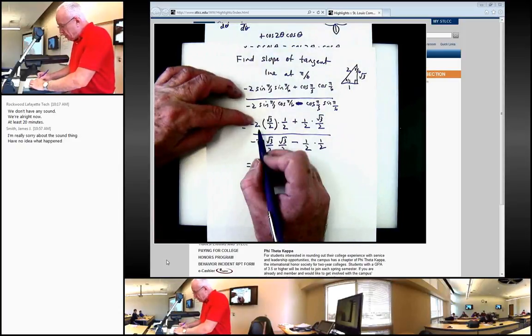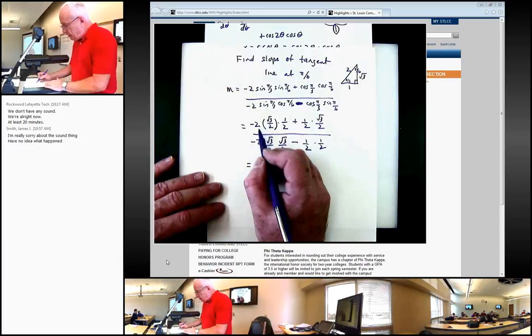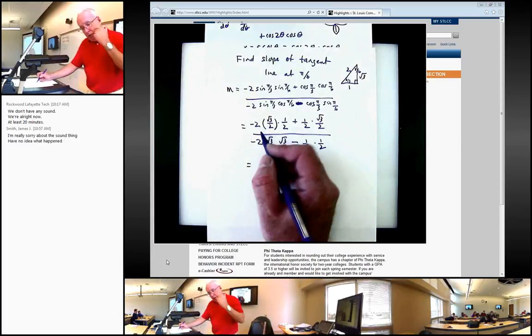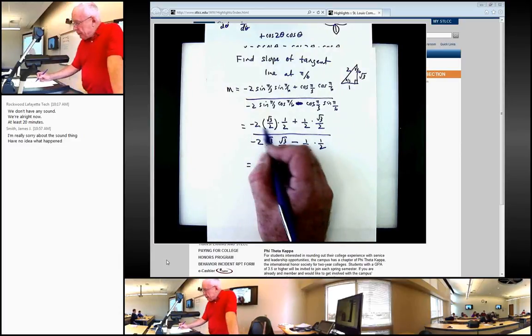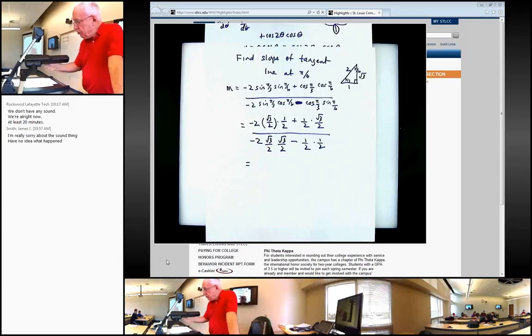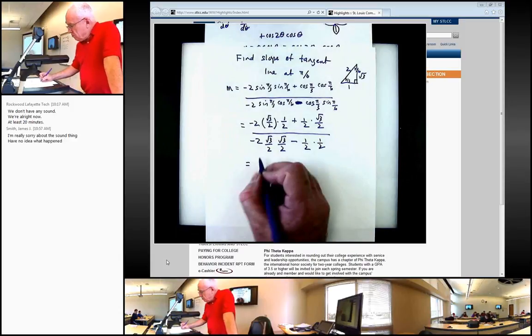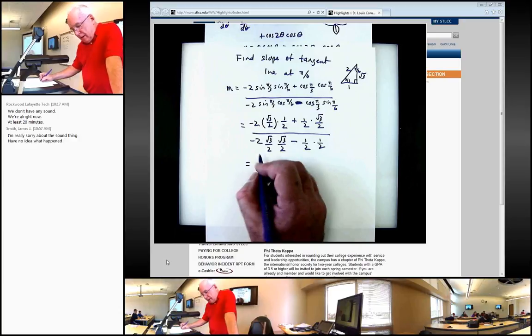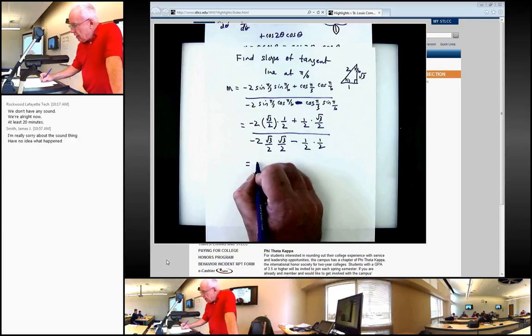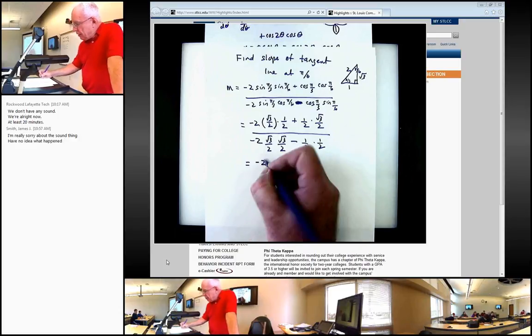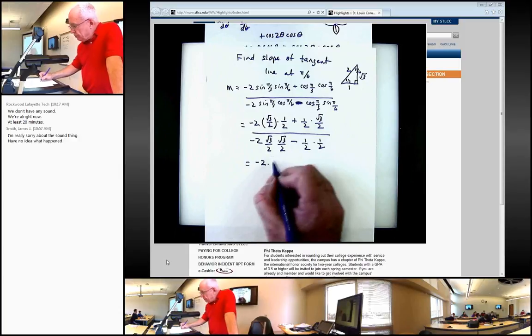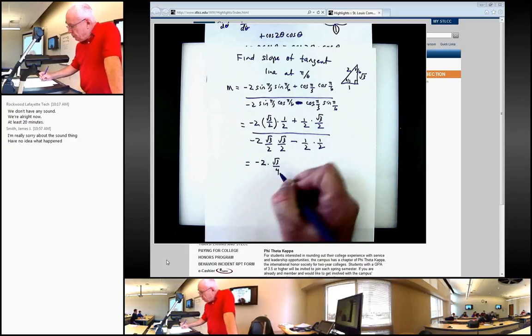Let's see. We've got basically here, we have a minus 2, and it's on top here, we got a 2 times 2 on the bottom. So that can simplify as, let me just do it this way. And that, we can take our minus 2 and then multiply these two together, square root of 3 over 4.